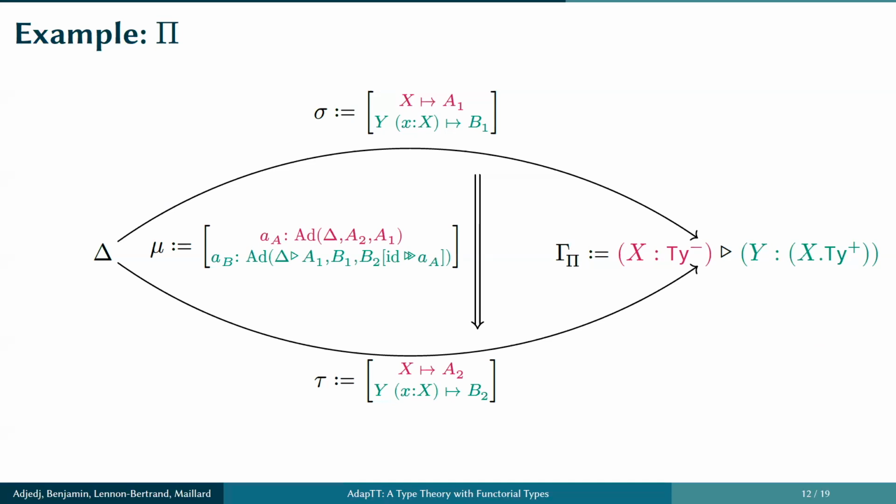And as such, a transformation will be a bundle of data about these adapters. So a transformation between sigma and tau will be the data of an adapter from A2 to A1, and not the other way around because we're contravariant. And then another adapter between B1 and B2, in which we'll have to do a small substitution on B2 in order for this to be type correct.